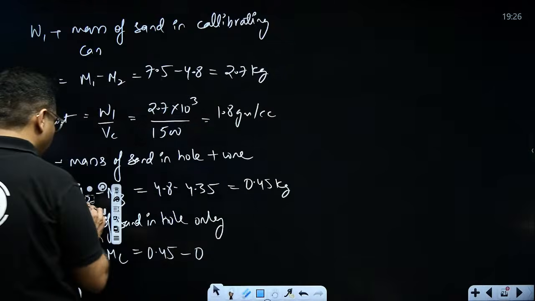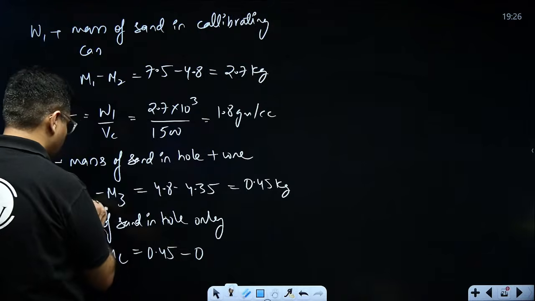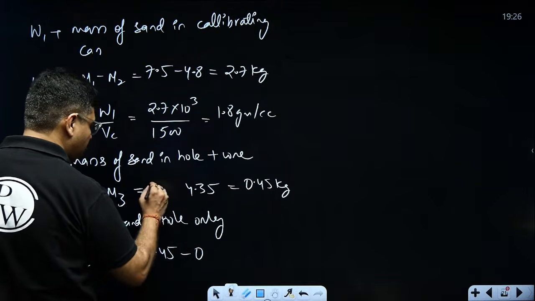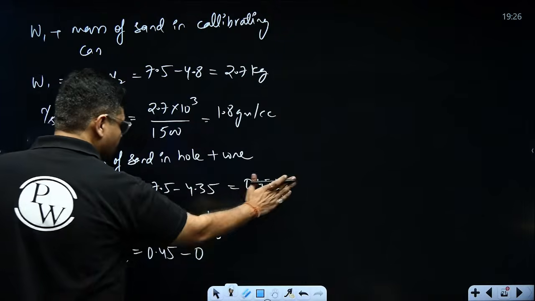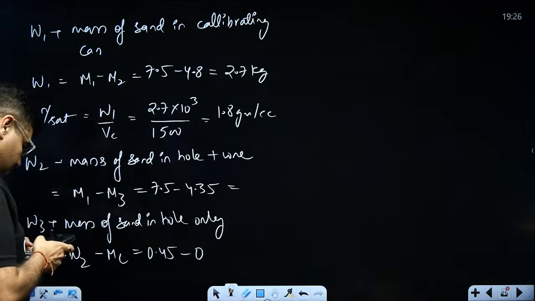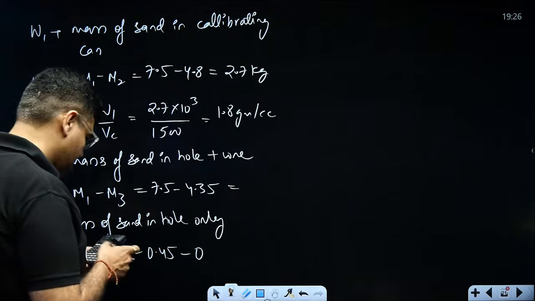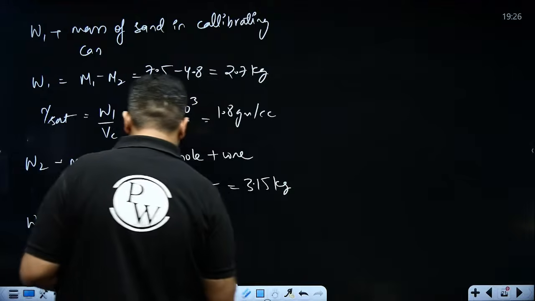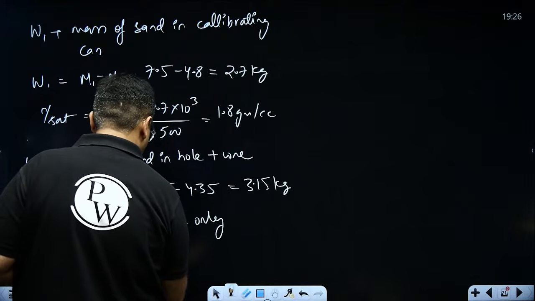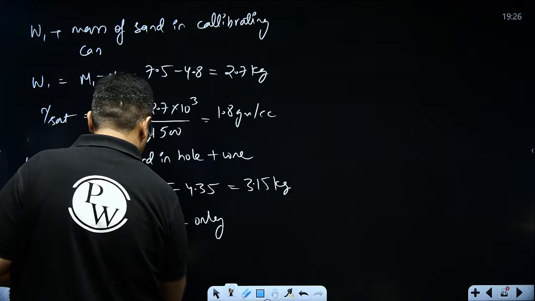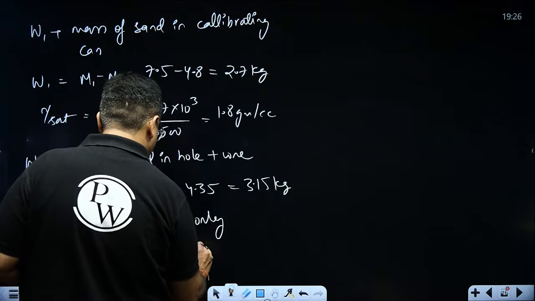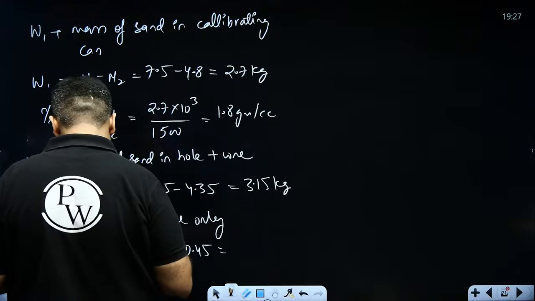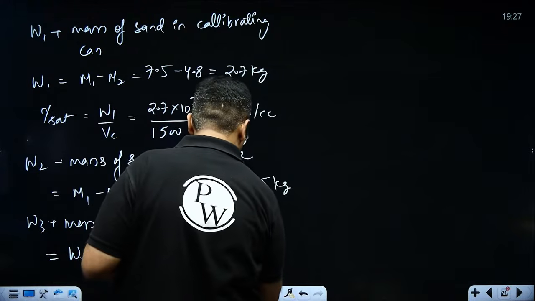Otherwise, you will not get the correct answer. This should be 7.5 minus 4.35, which is 3.15 kg. Now this sounds perfect. 3.15 minus 0.45. Otherwise, calculations were getting hampered.